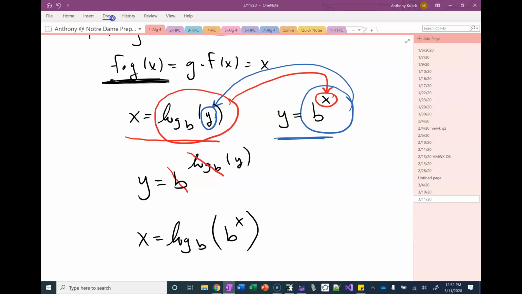What is it that I just did there? I did a composition again, right? I just did the other direction of the composition. So the only way for this equation to give me x is if log base b and exponent base b cancel.